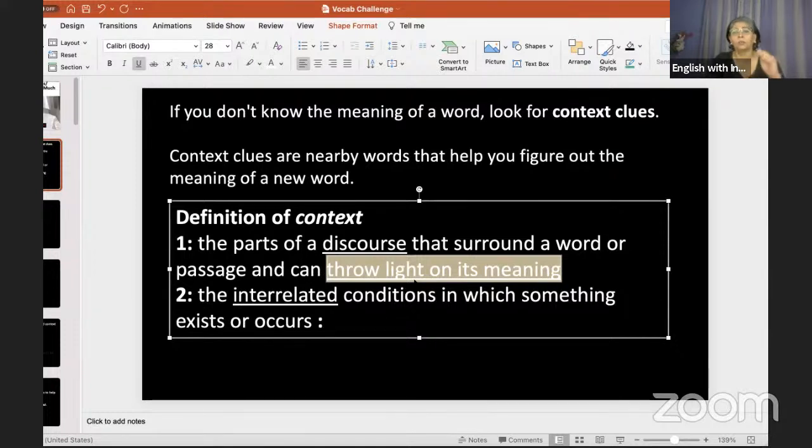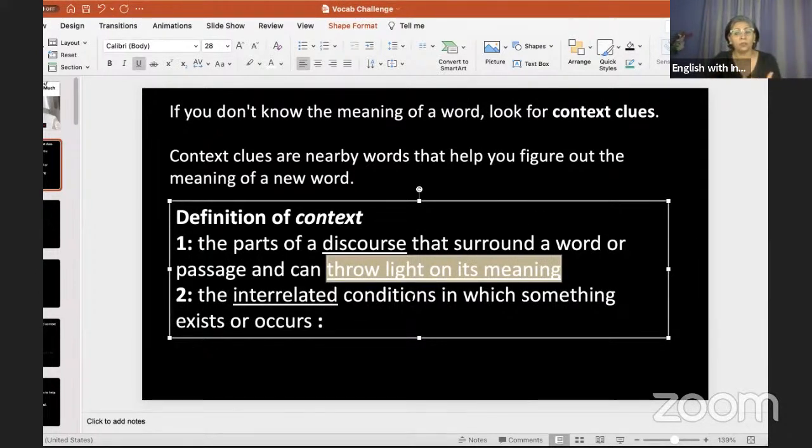Throw light means what? They are giving you hints, the other words. Who is giving you a hint? The other words. Where? In that particular sentence, or maybe the sentence before it, or maybe the sentence after it.